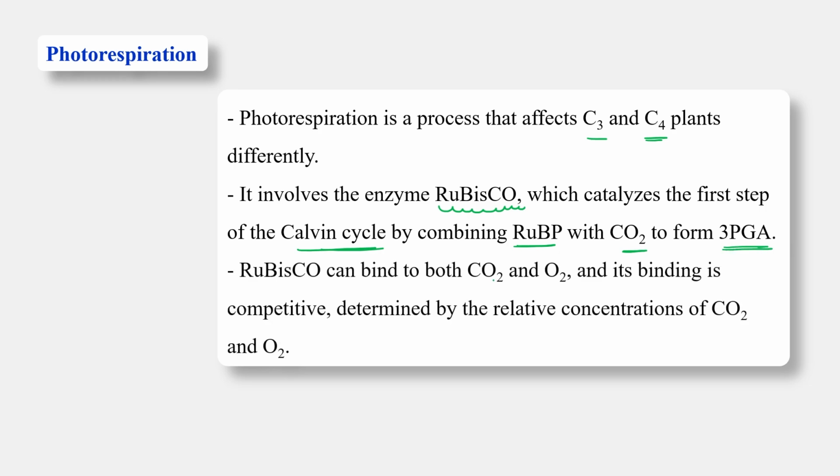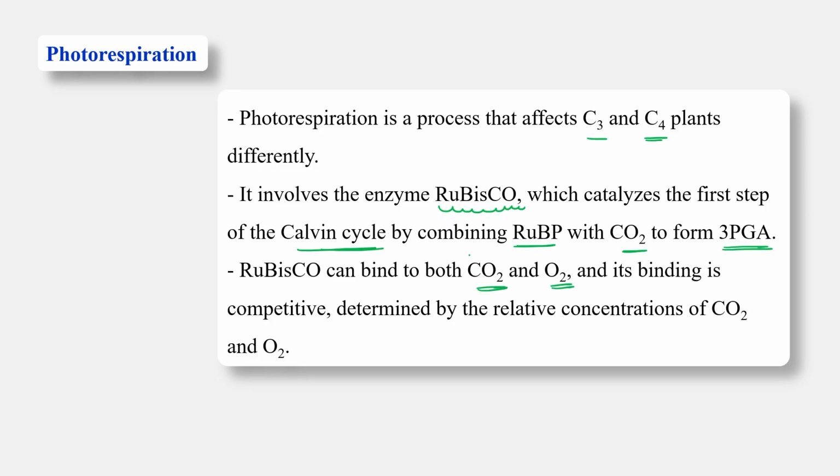Rubisco can bind both carbon dioxide, that is carboxylation, and oxygen, that is oxygenation, which is why it is known as rubisco. It has both kinds of activity, carboxylation and oxygenation.